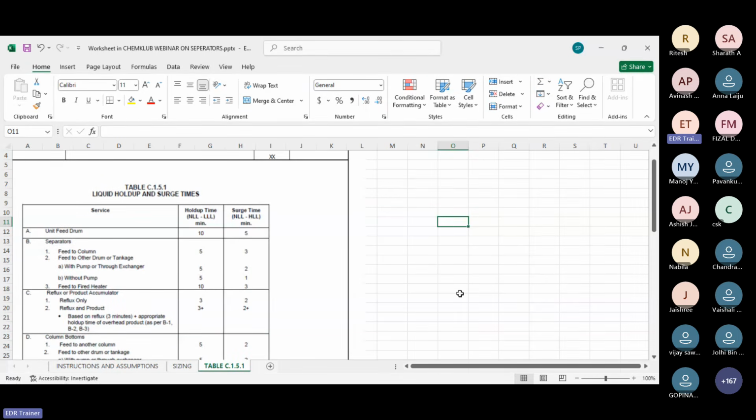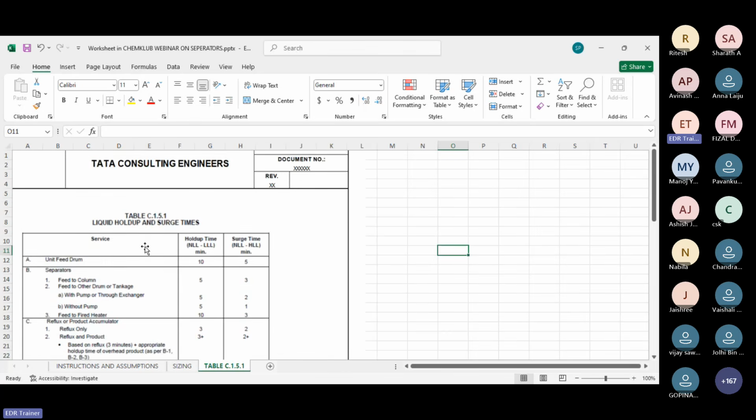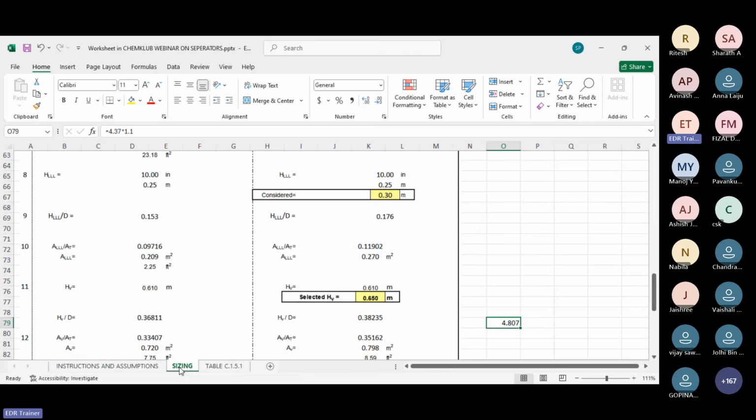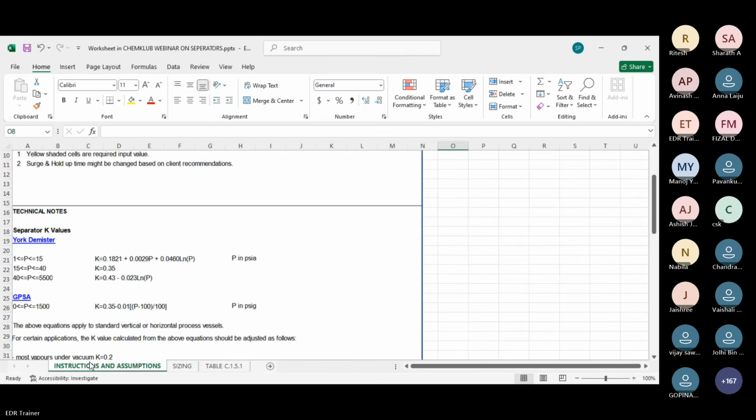So this is the basic information of residence time guidelines. This is typically API 12J. You can also find it in other resources: Shell, GP, Total Energies, Aramco, ADNOC, all will follow the same kind of fundamentals and concepts.